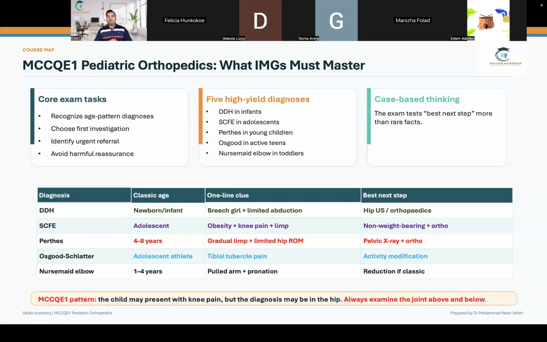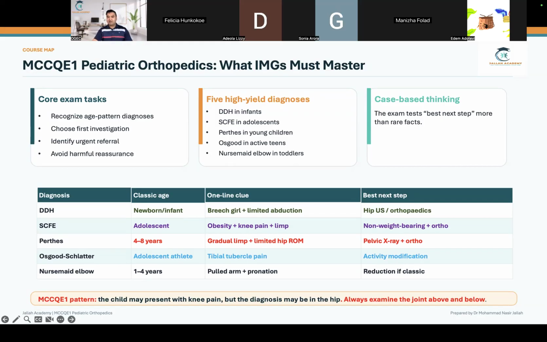Or the height is this much, but the weight compared to height is a lot. So indirectly, they will give you some numbers, and then you have to do the calculation and know that the patient is an adolescent and obese, and he has hip pain.